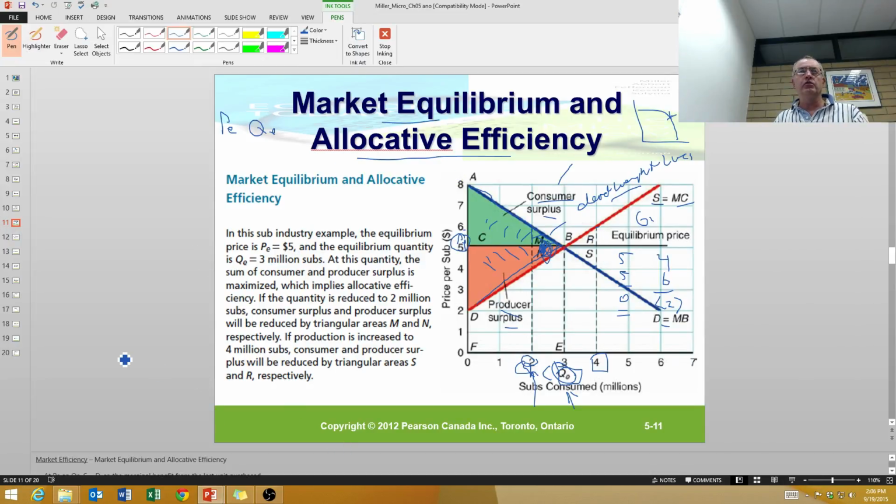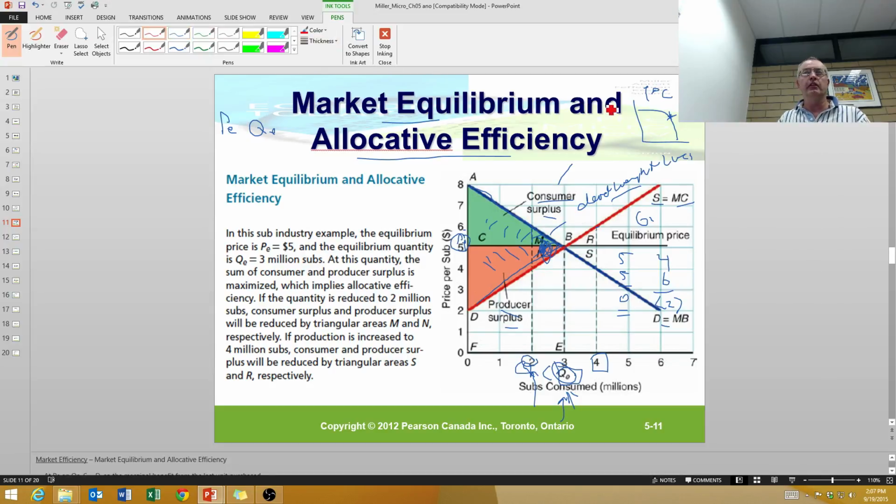Okay, so when our market's in equilibrium, we have the optimal level of quantity that's getting produced, and it puts us on the point of allocative efficiency on our production possibilities curve. And we're at that point rather than another point because there is no deadweight loss.